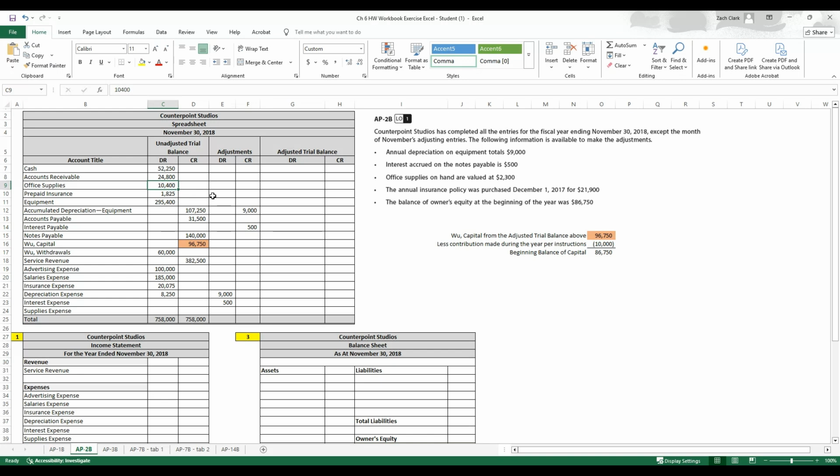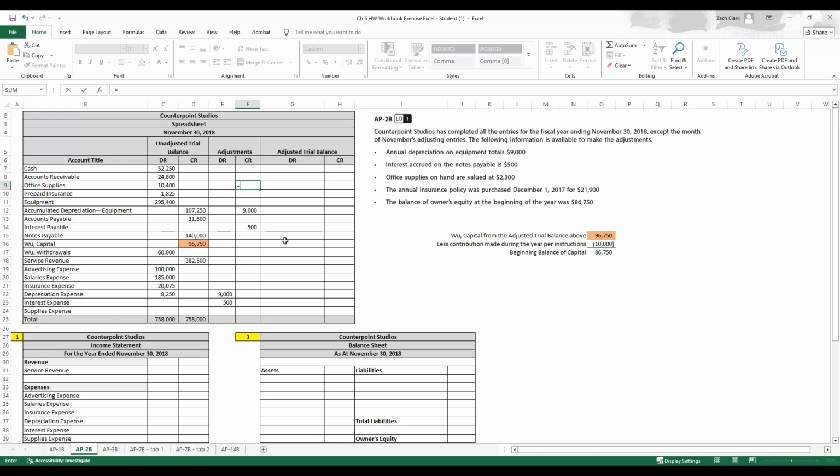This tells us office supplies on hand are valued at $2,300. So we see here that it's at $10,400 before we account for all the usage, essentially. And so we need to bring the balance of office supplies down to $2,300, in other words. And so we can do that. We're going to credit this asset to reduce it. And we could just do a little formula in here. And we don't need the parentheses, I suppose.